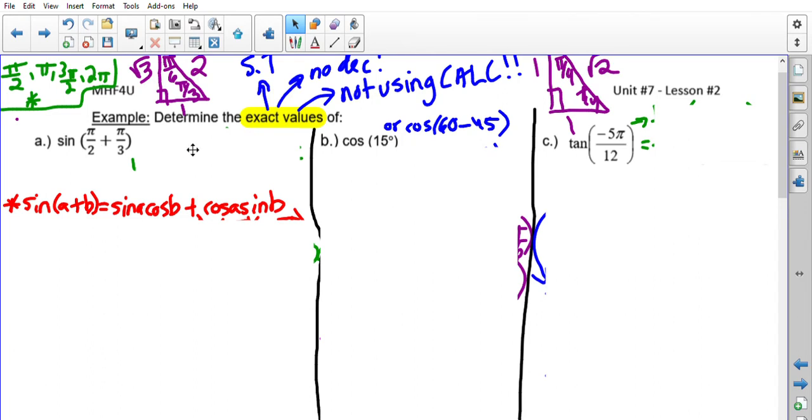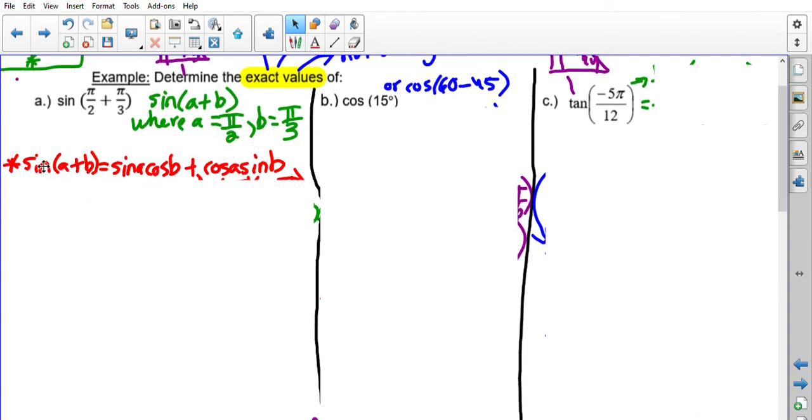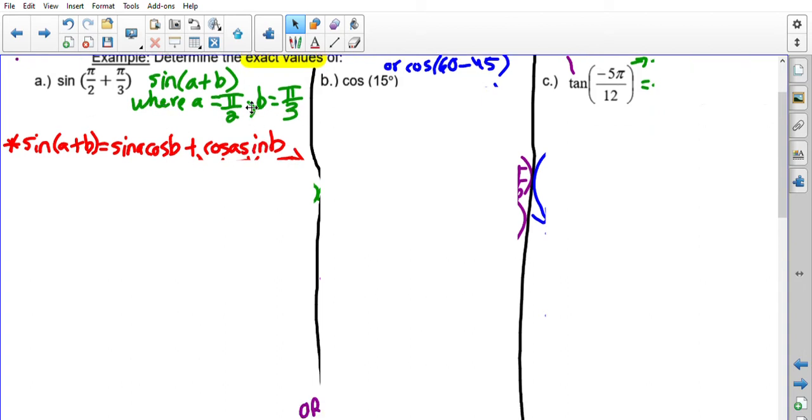So here, I'm thinking to myself that this looks like sine(A + B), where A is pi/2 and B is pi/3. I just wrote it out, so you don't have to flip back. Just remember sine(A + B) is sine A cos B plus cos A sine B. So now we're going to plug it in, plugging A in where you see A and pi/3 in where you see B.